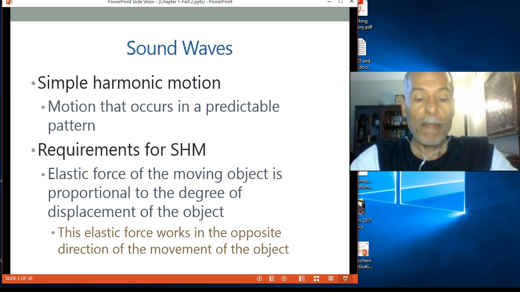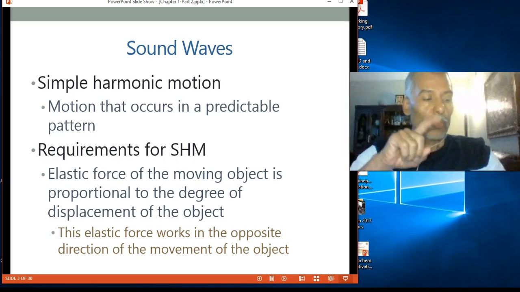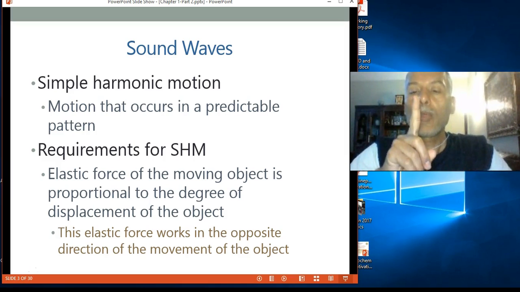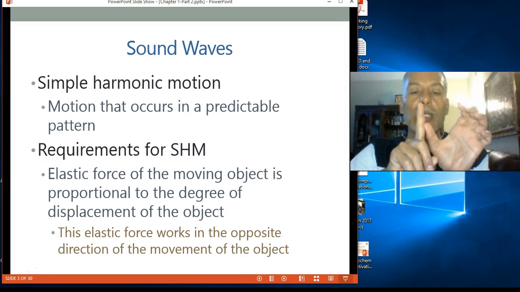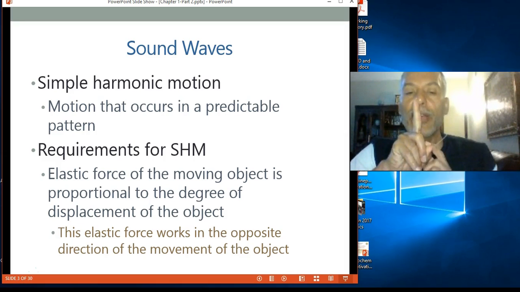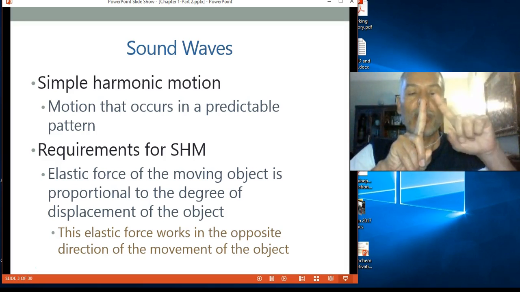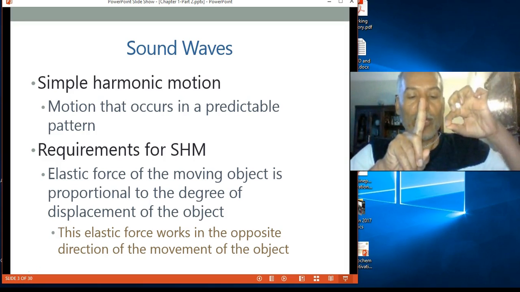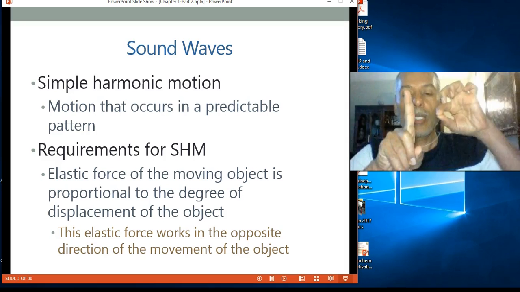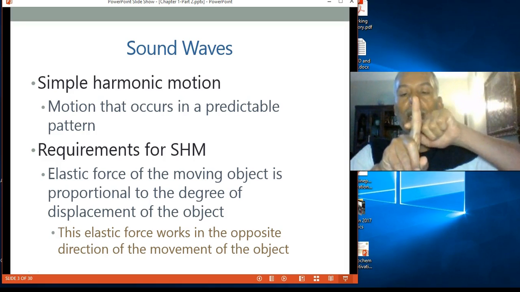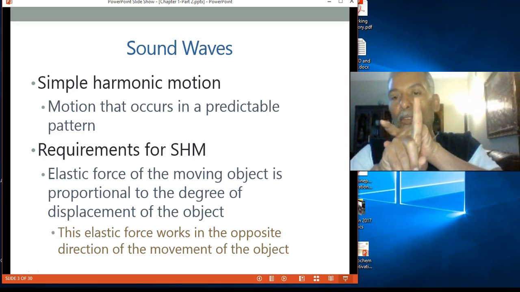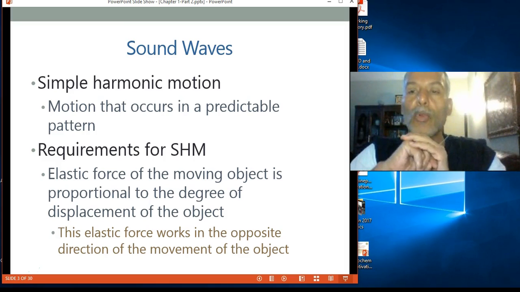So in effect, that is going to produce 2 equal distances. Say here's the rest area, and you take that pendulum or the swing, pull it 3 inches this way. Once you let go, it's gonna go back to rest, and it's gonna swing past rest by 3 inches exactly the same way.